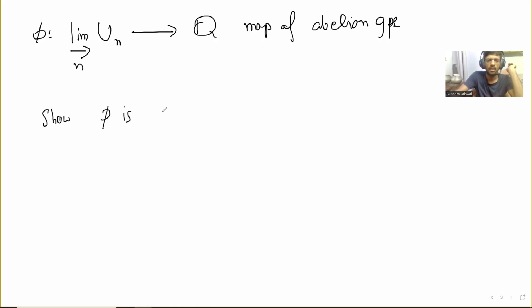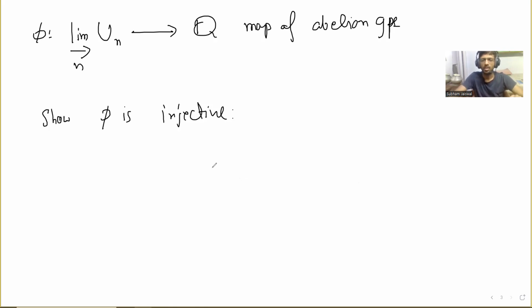Phi is injective. I think it will be better if we just provide the inverse, and we also know what the inverse should be, right? I think that will be efficient. So the inverse would just be as you know.